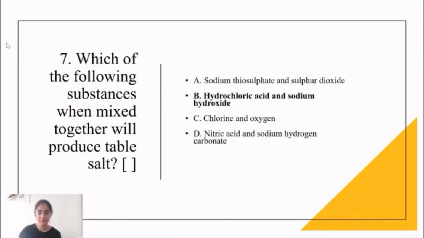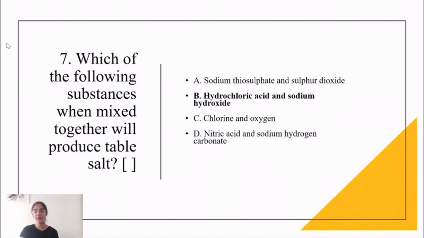Next question. Which of the following substances when mixed together will produce table salt? Table salt has a chemical formula of NaCl. This means we need an acid with the anion Cl and a base with the cation Na. Hence, it wouldn't be sodium thiosulfate and sulfur dioxide, as that will not give us Cl. It will not be chlorine and oxygen, and it will not be nitric acid and sodium hydrogen carbonate.